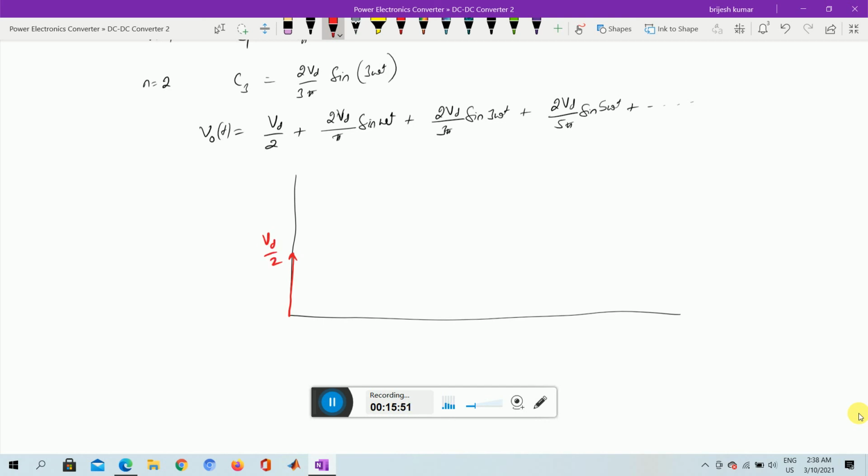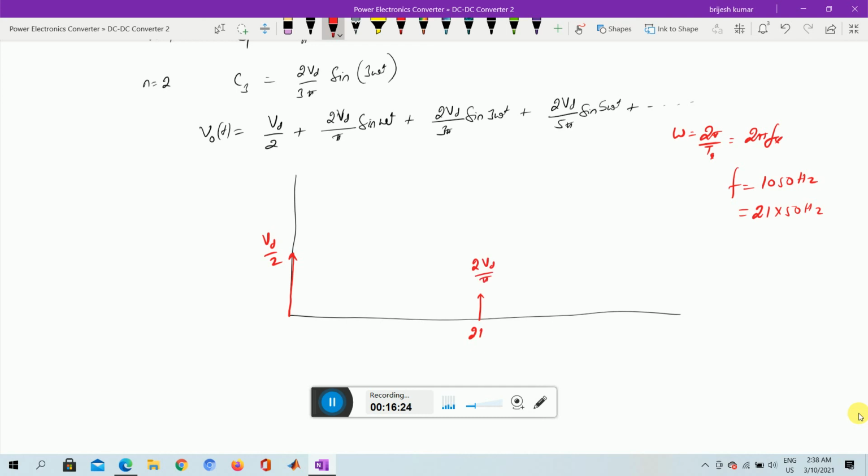Then we get the first switching frequency, because omega is here 2 pi by Ts or 2 pi Fs. So let us say my Fs is 1050 Hz. That is 21 times 50. So the next is the 21st order, and we'll get the magnitude, which is equal to 2 Vd by pi.